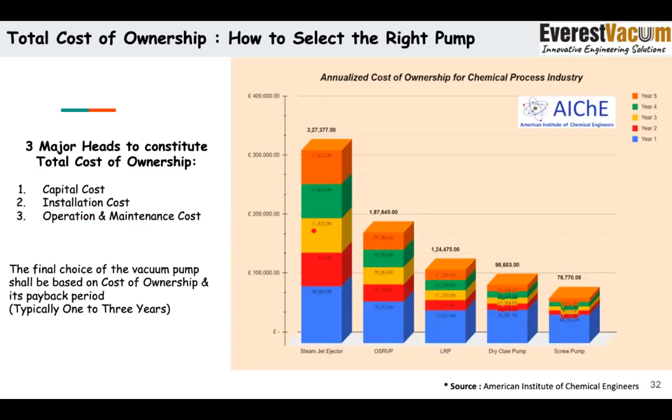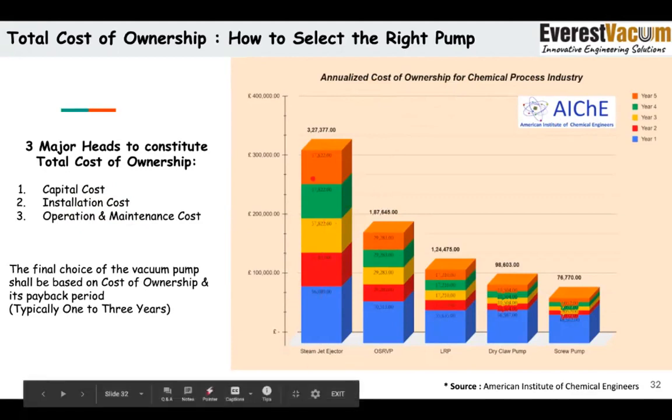Now, this is data that is the annualized cost of ownership for the chemical process industry. This is published data by the American Institute of Chemical Engineers. I have taken this data from there. Typically, the first bar is of a steam jet ejector.